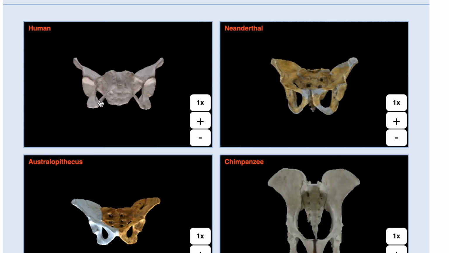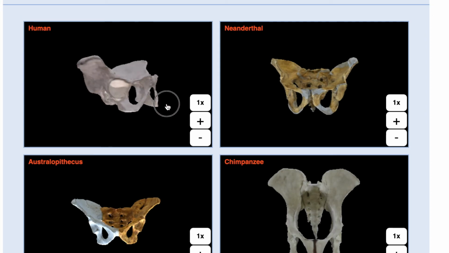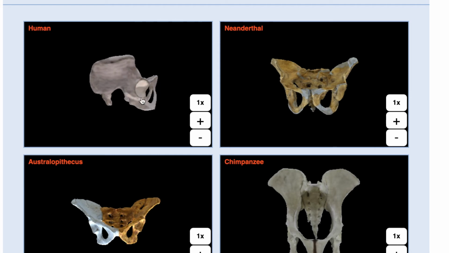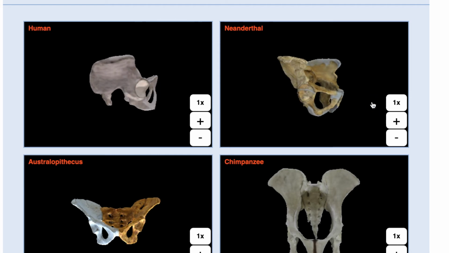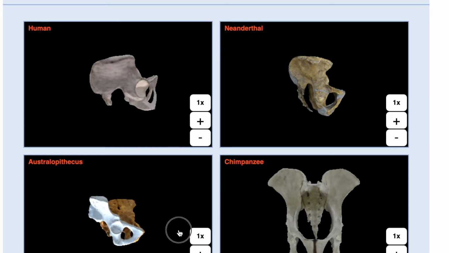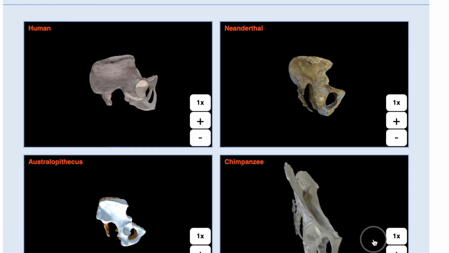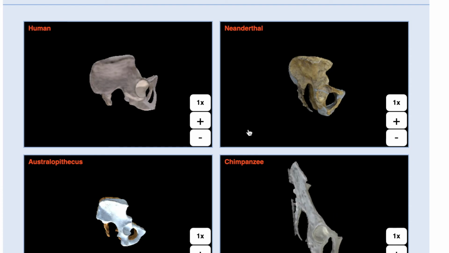I'm now going to rotate the pelvis to the side so I can show you another interesting characteristic. All right, so again, just to orient ourselves, these are the hip blades, and here would be the hip socket, or the hip joint.